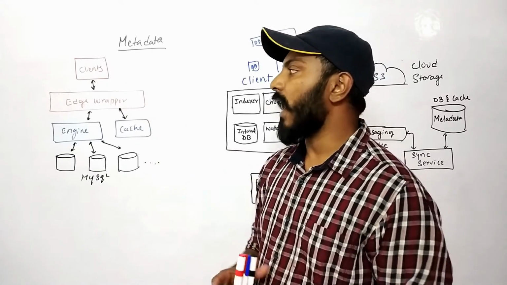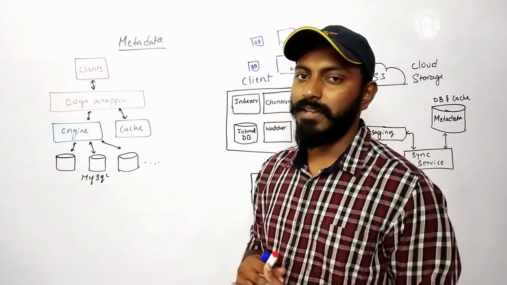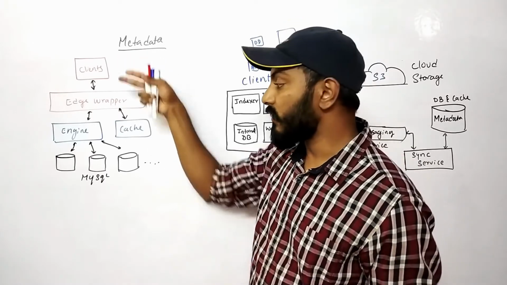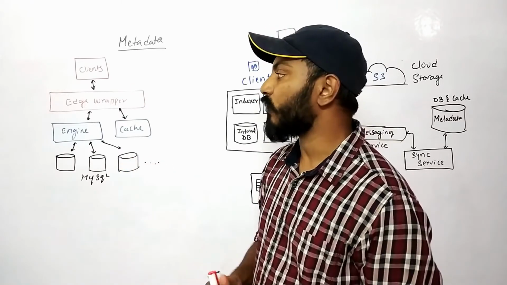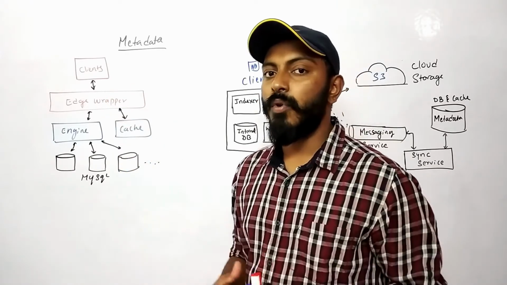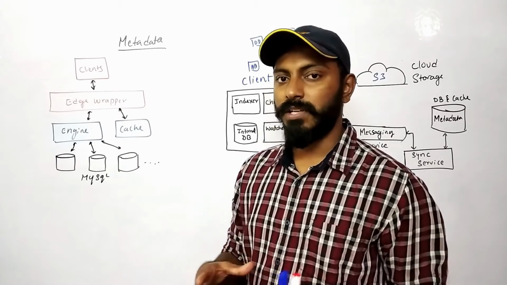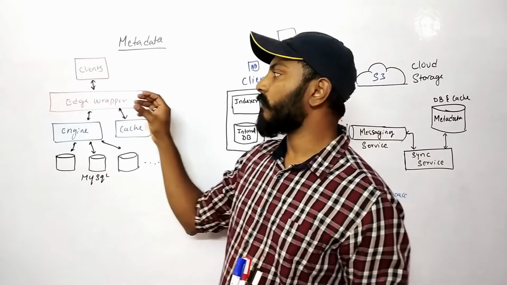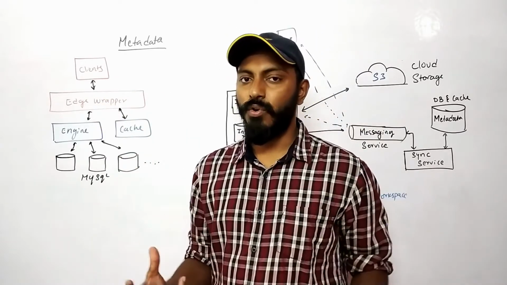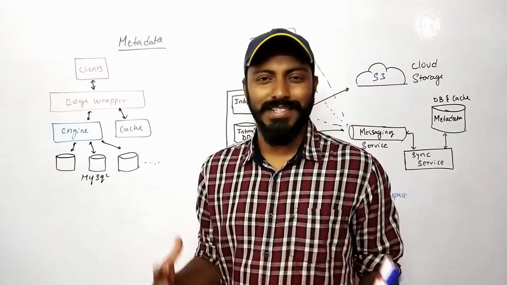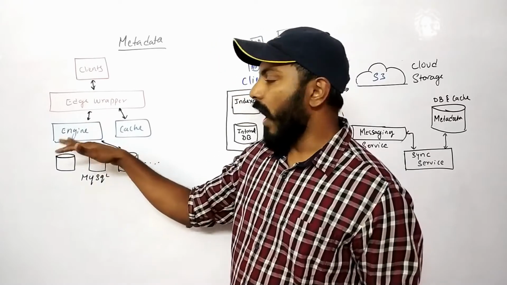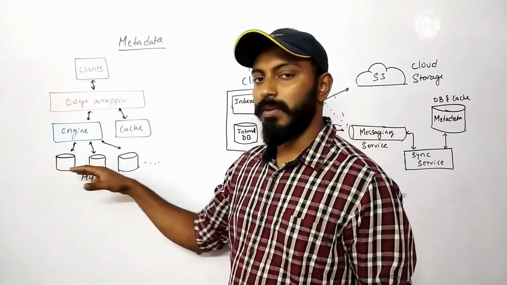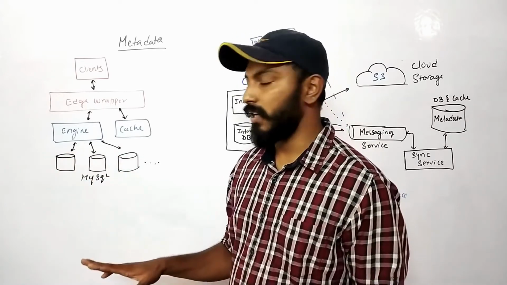The clients, written in Go or Python, instead of interacting directly with the database, started to interact with the Edge wrapper, which provided an ORM, that is, an object relational mapper, which is abstracted away. So the clients just use this ORM to interact with the database. How easy it is, right? And they have an engine which transforms all these ORM calls and then interacts with MySQL. Everything happens internally.